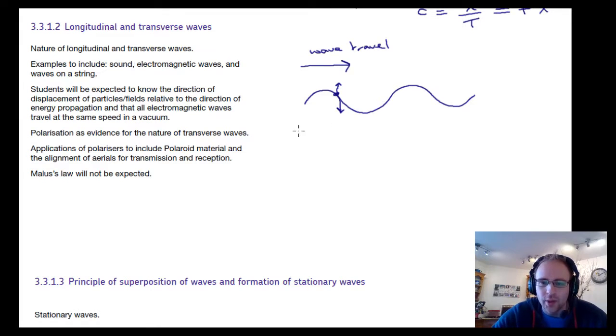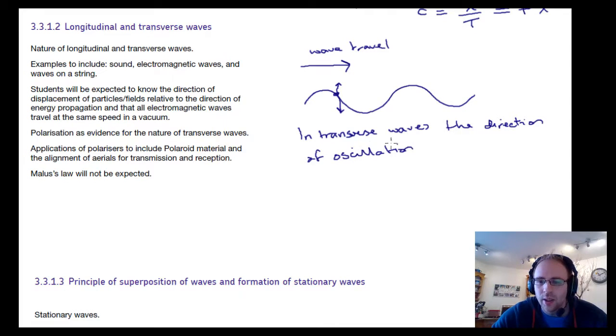So in transverse waves, the direction of oscillation is perpendicular to the direction of wave travel.